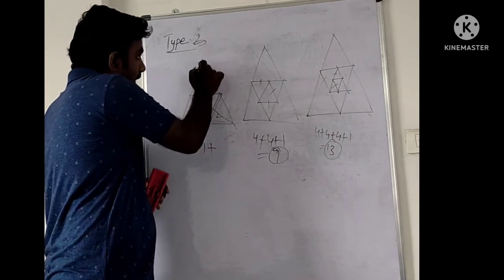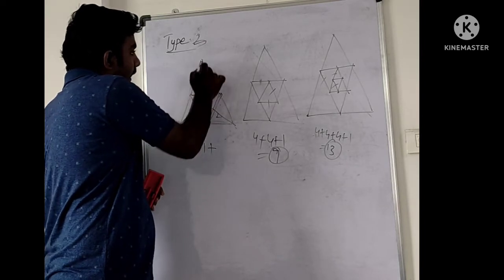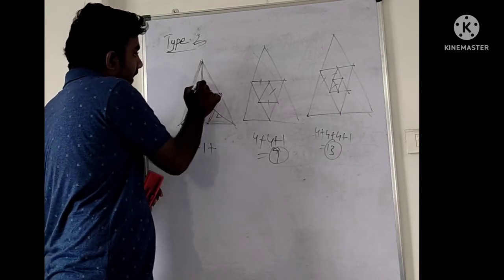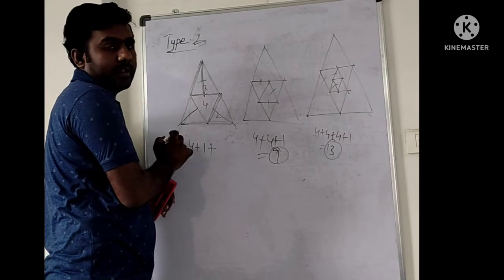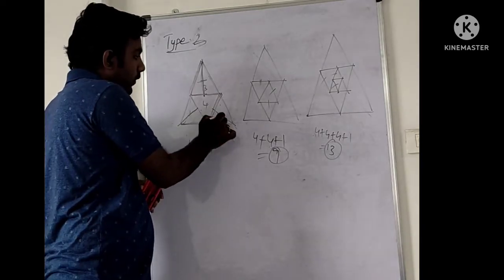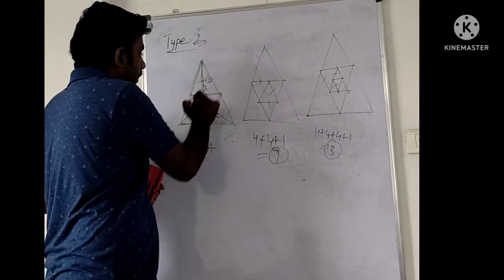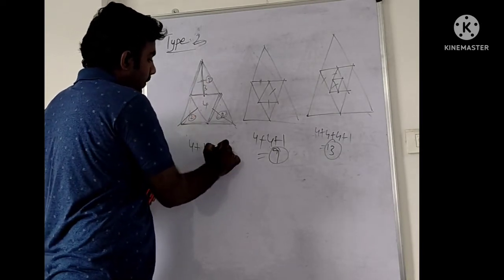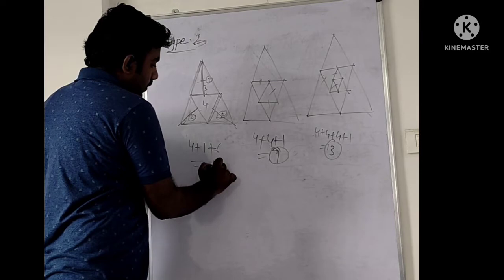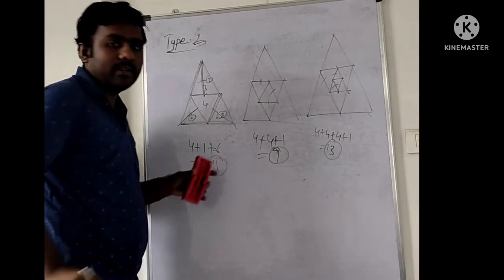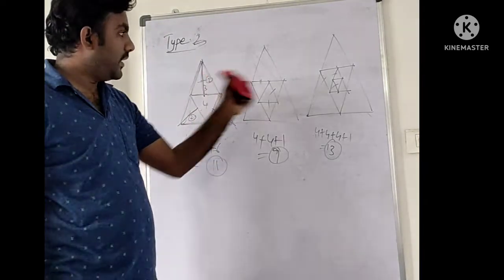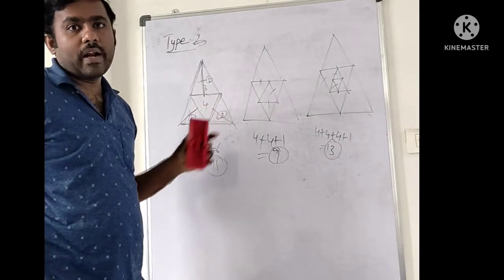Here for each line, this is one triangle and this is one triangle, so for each line we have to consider two triangles. 1, 2, 3, total 3 lines are there, meaning 2 and 2, total of 6. Total number of triangles here is 11. Likewise, we can easily find out the number of triangles.